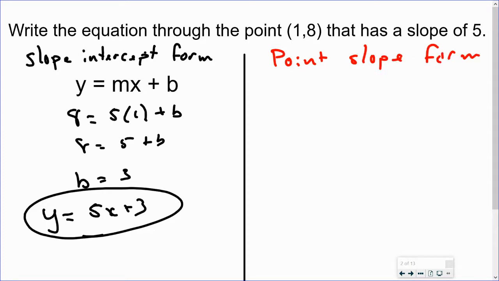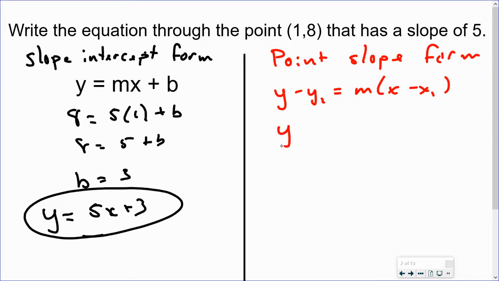Also, another thing, as we go on, we'll see more and more things written in a different form than what we will call their standard form. And point-slope form is like this too. It's really helpful. So point-slope form is y minus y1 is equal to m times (x minus x1). Okay, well, y1 in this case is 8, x1 is 1.